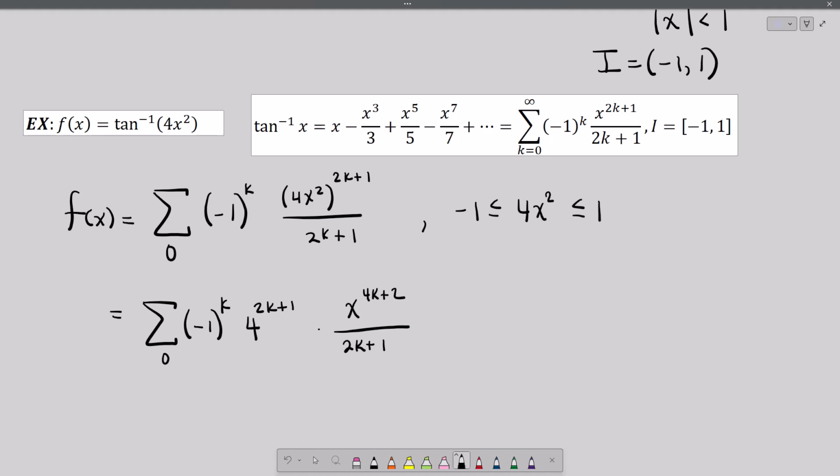Whether you put this 2k plus 1 under the x part of it or under the other thing that has no x's, it really doesn't matter. Now that I've written it out, it probably makes more sense to put it under the other part, but let's just do it this way so that the x's come last.